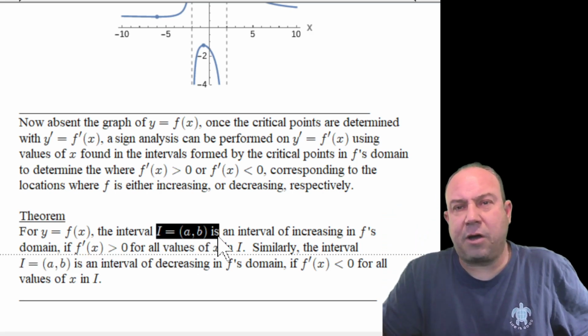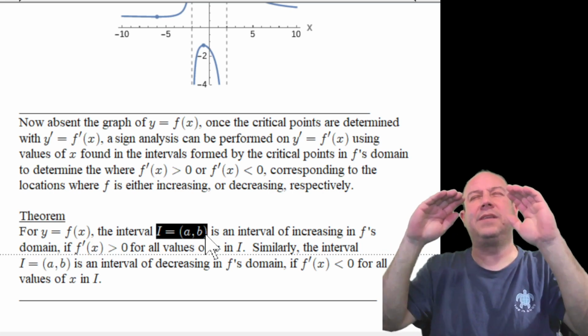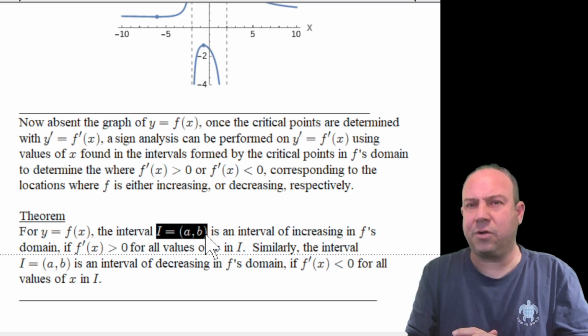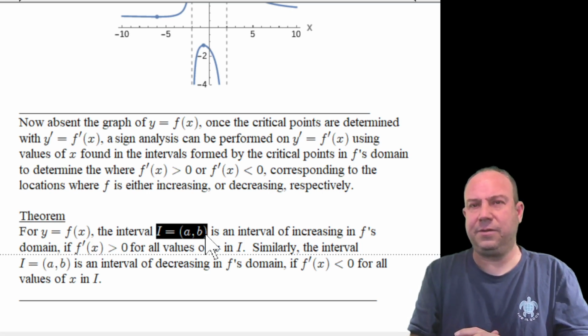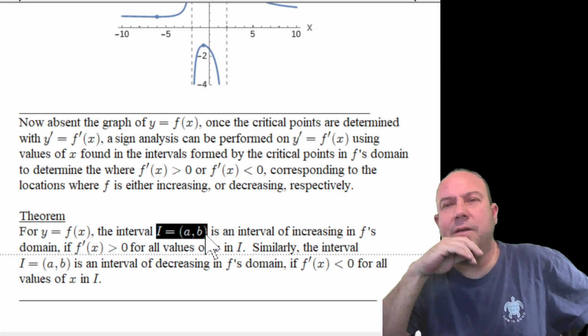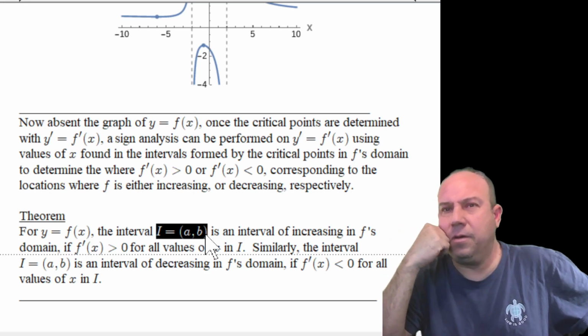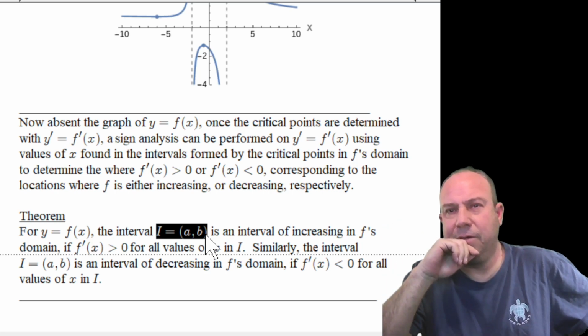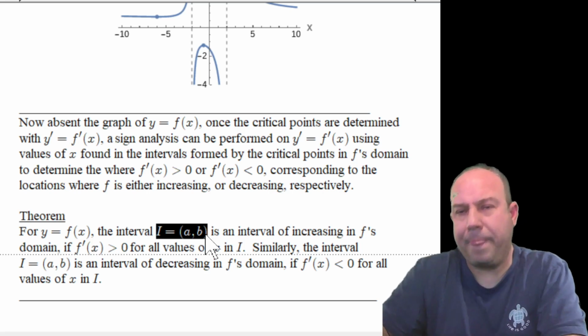We are talking about intervals that are never including their boundaries in their descriptions. If we're increasing at a boundary, then that is not a boundary of an interval of increasing and decreasing behavior. All right? Take note.